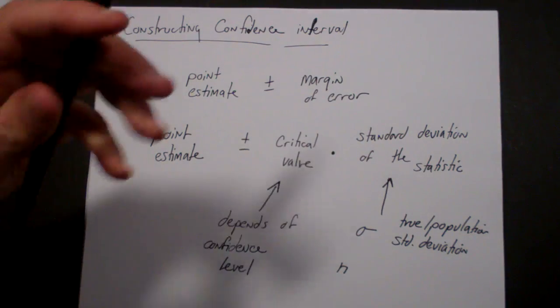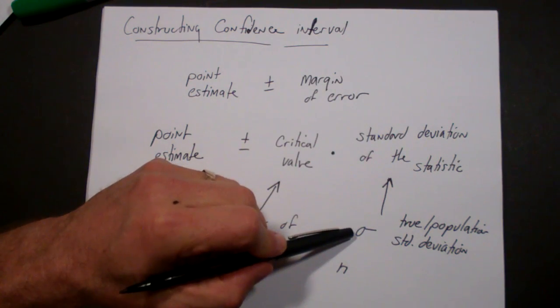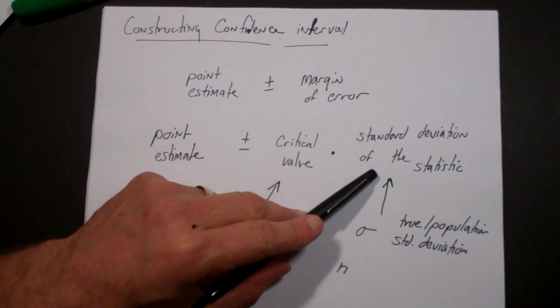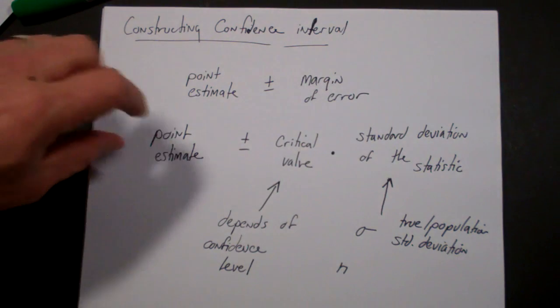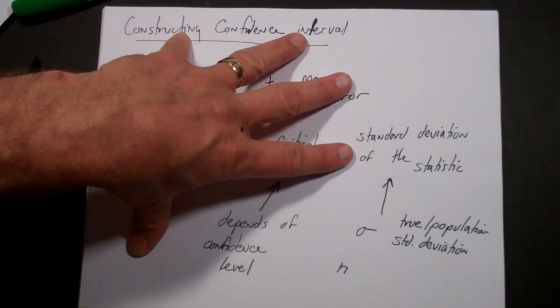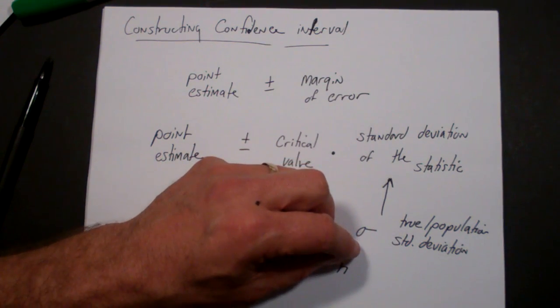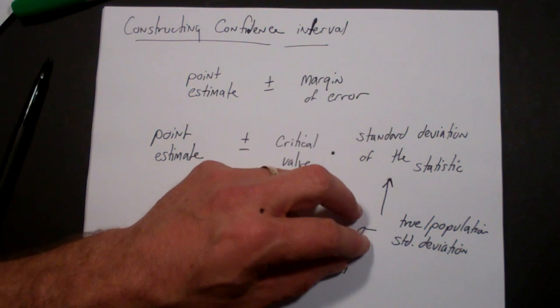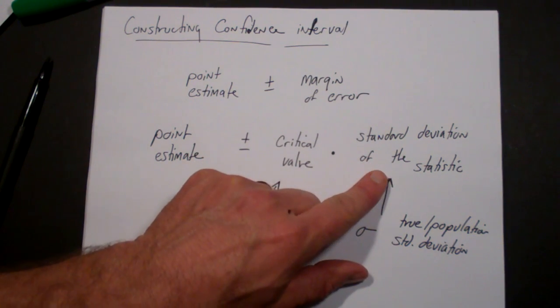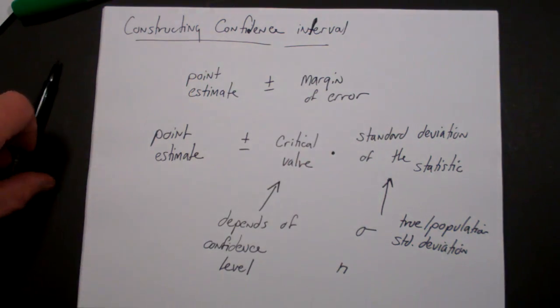What we're saying there is that if the degree of randomness of what you're studying is very large, then the standard deviation of the statistic will be very large, which means you will have a wider confidence interval. So that would be the case if you're trying to predict something which is very random. If, on the other hand, the true population standard deviation is small, that is, there's little randomness in the model, then the standard deviation of the statistic will be smaller, and your confidence interval will be smaller.